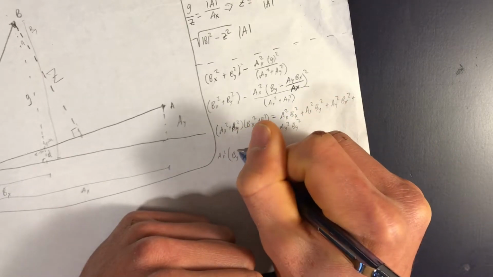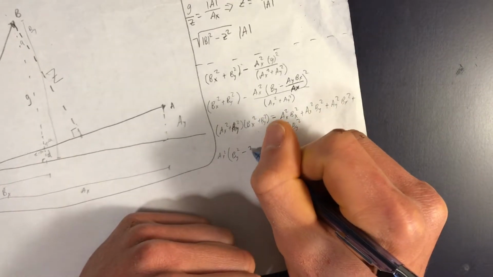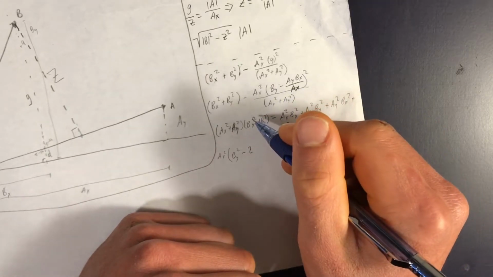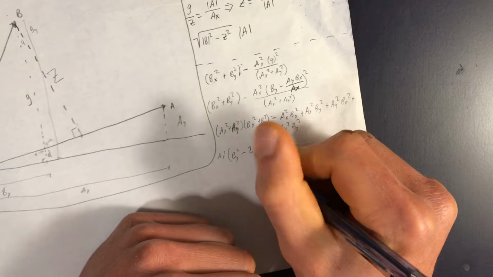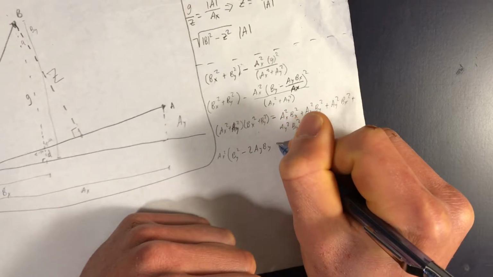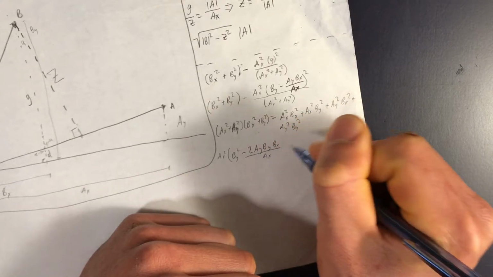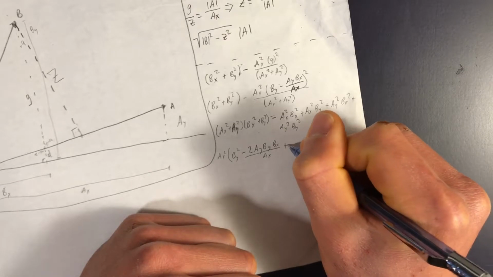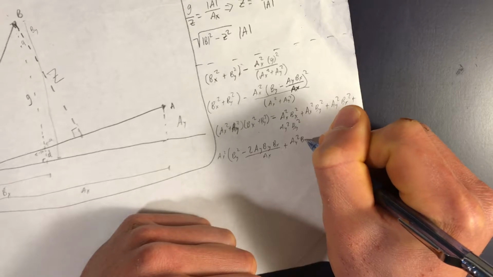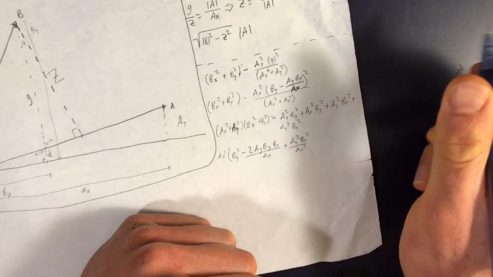It's by, minus, it's going to be 2 because of that, ax, ay, bx, by, over ax squared. And then plus ay squared bx squared over ax squared.